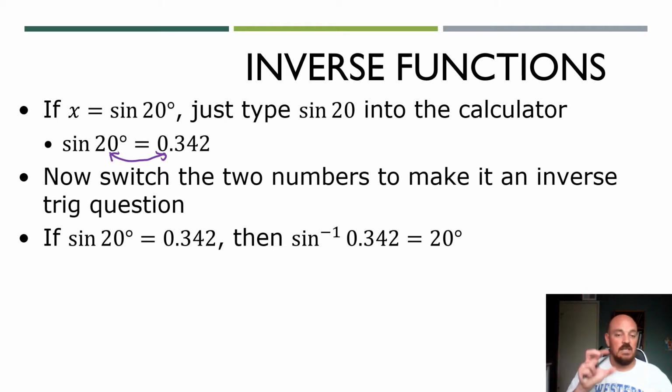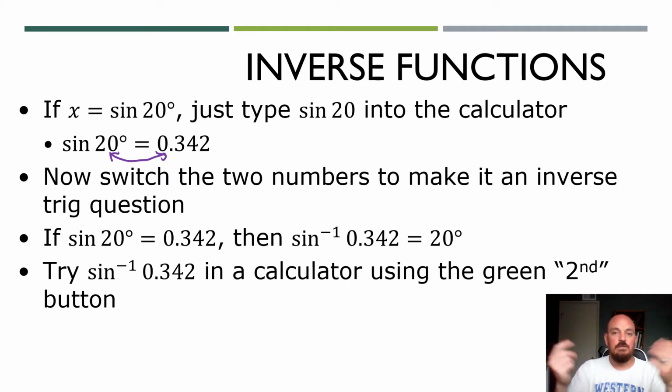So if sine of 20 degrees equals 0.342, which it does, then inverse sine of 0.342 equals 20. Remember, just like 3 times 4 equals 12, so 12 divided by 4 equals 3. Same thing here. Sine of 20 equals 0.342, so inverse sine of 0.342 equals 20.